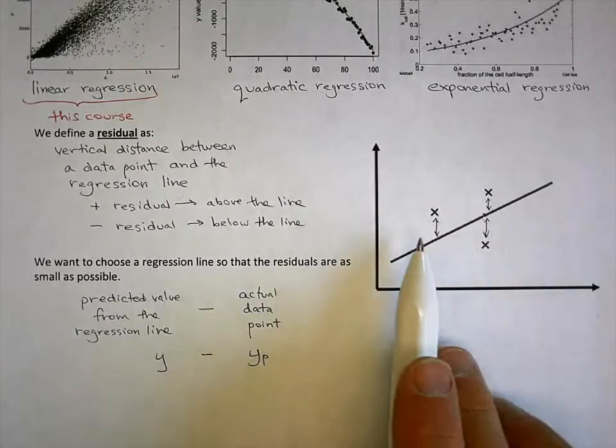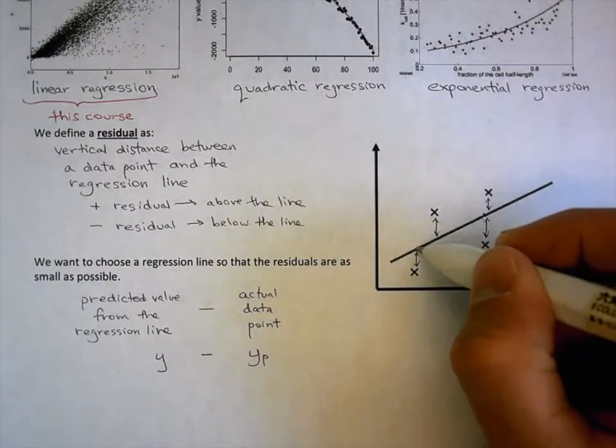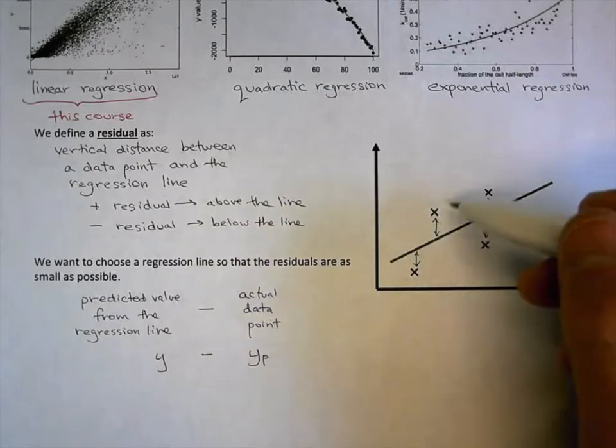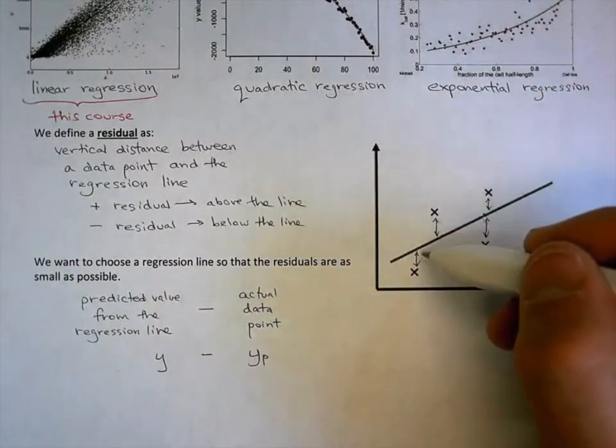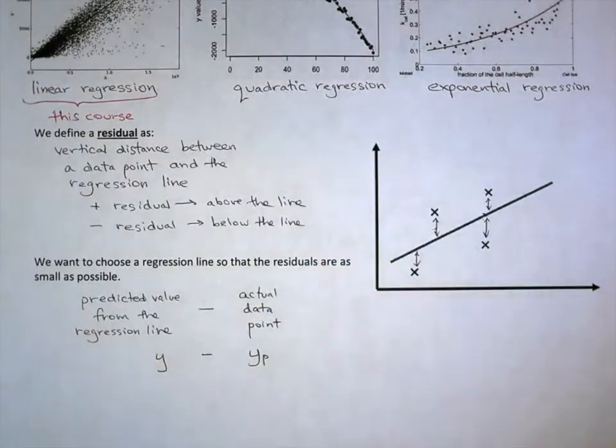That's the residual. So for this point, it would be the y on the line minus the data point y. Now, if you do that with all the points and try to minimize it, you're going to have a problem, because this negative residual counterbalances this positive residual, and they just add to zero. That was sort of the problem we had when we did standard deviation.